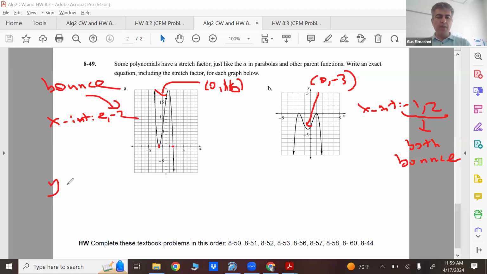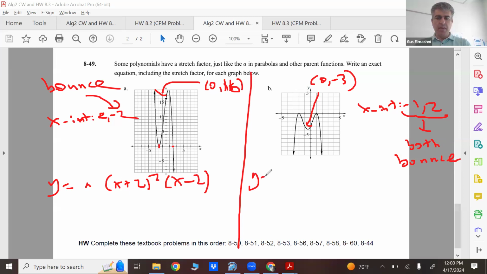So in this case, it's y equals a (x plus 2) squared (x minus 2). And here, it's y equals a (x plus 1) squared (x minus 2) squared.